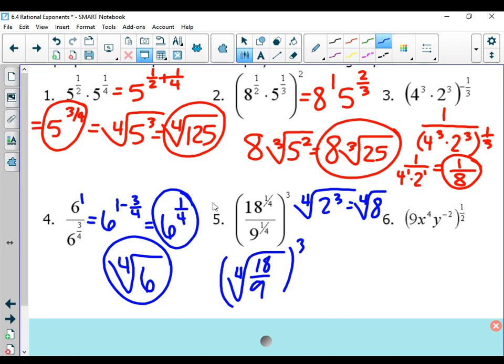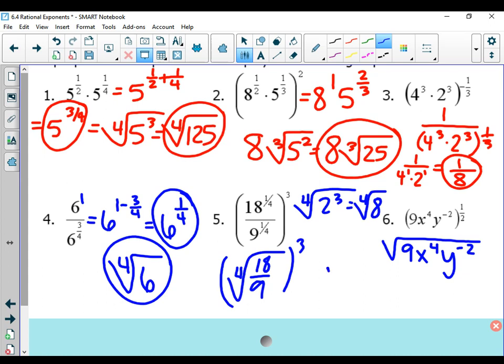Again, like I said, there's multiple ways to approach it. The next one, I want y'all to get familiar with 1/2. 1/2 square root, 1/2 square root. That's what it means. All right, so one way to approach this one is that I can look at it and say, well, this is the square root of 9x to the 4 y to the negative 2. Well, the negative needs to be in the denominator.